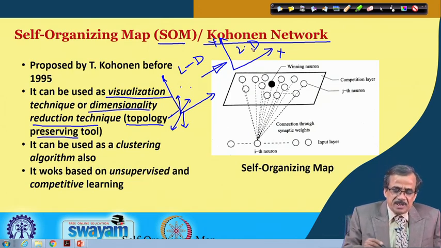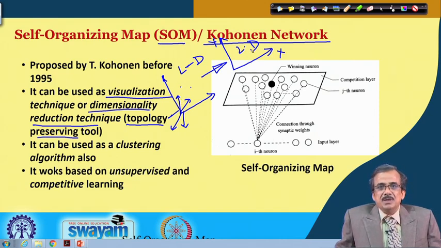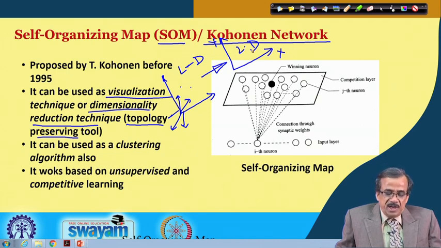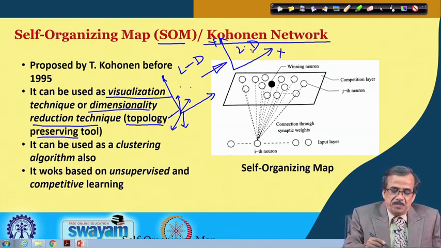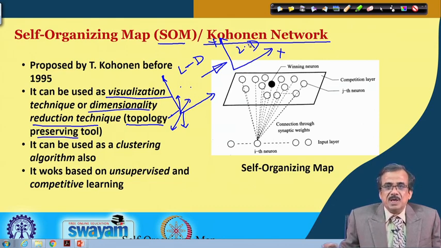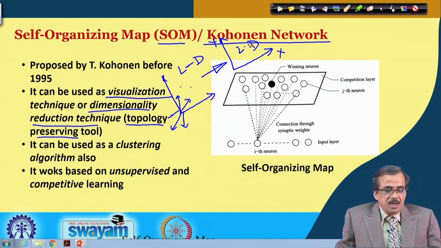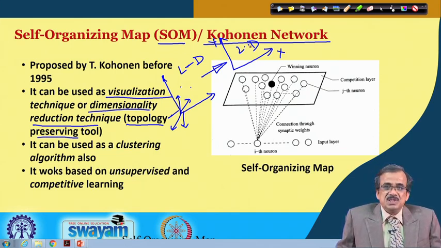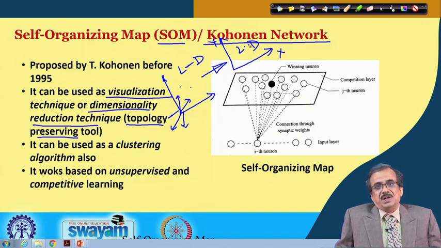That means we want to see the relative position of the different points which are there in a higher dimension, in the lower dimension. Now, these techniques are known as the visualization technique or the dimensionality reduction technique.